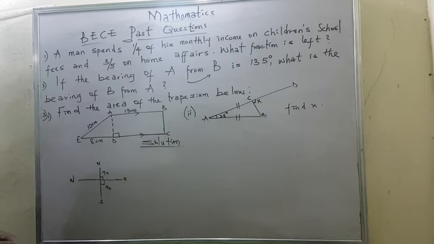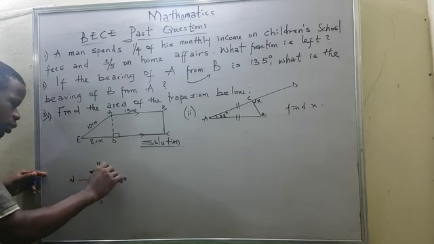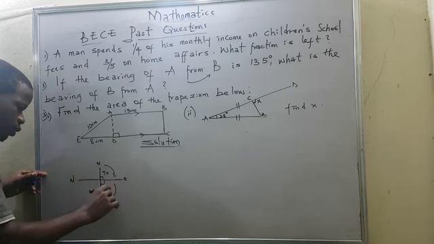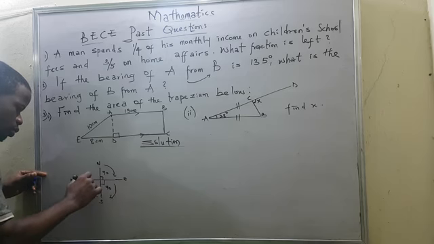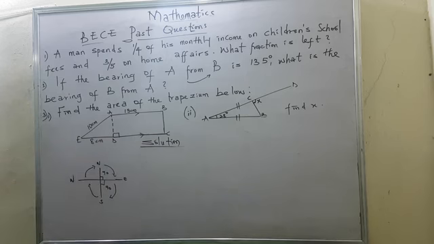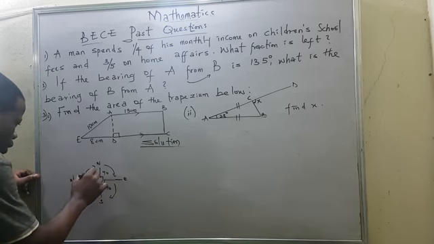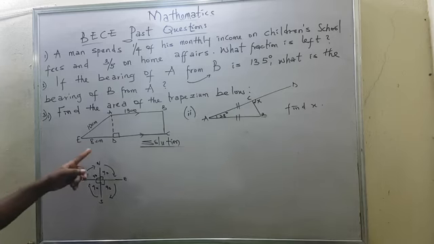And if you are carrying out bearing, you move clockwise. At least you move this way. You get that? Until you get back to the north. So 90 plus 90, another 90 here, plus another 90, everything gives you 360.